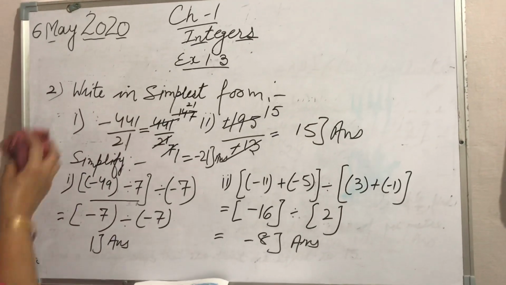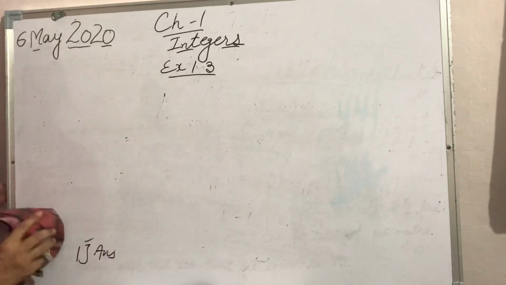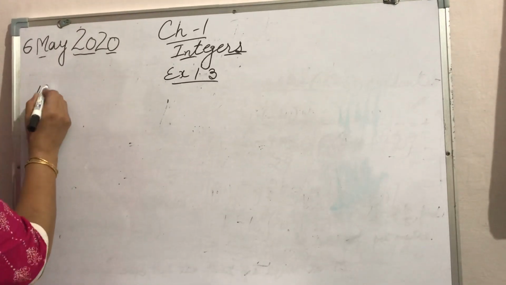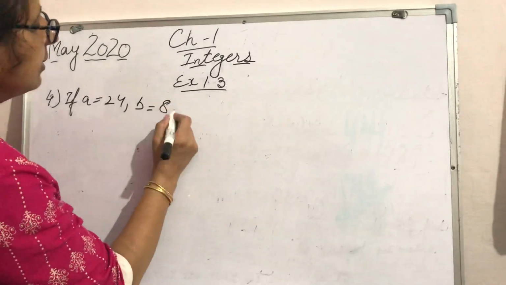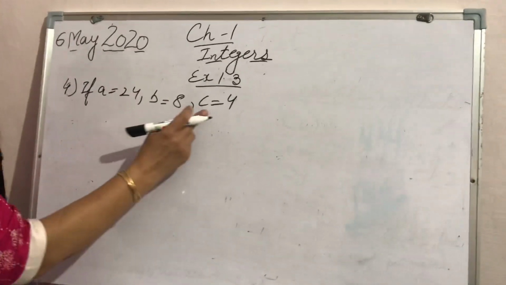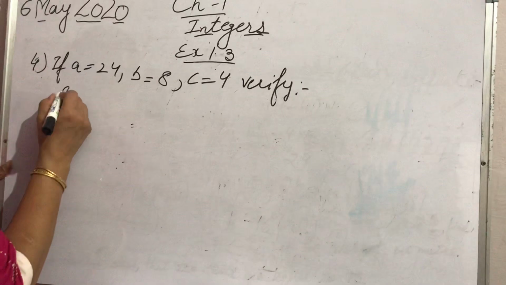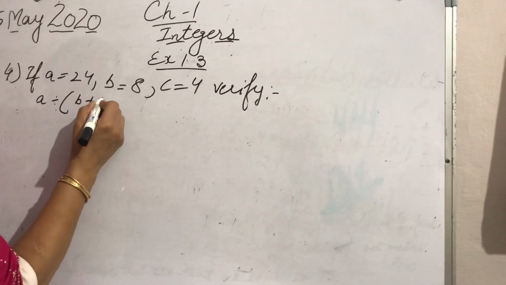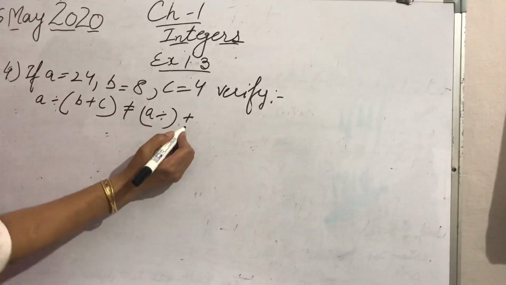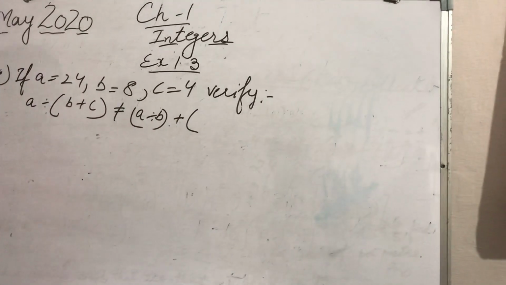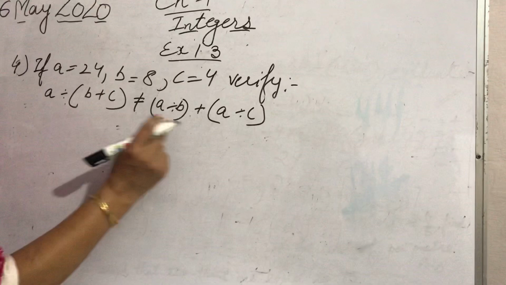Now we are going to start fourth question. Fourth part, if A is equal to 24, B 8 and C 4, value of A, B and C is given, and we have to verify that A divided by B plus C, is not equal to A divided by B plus A divided by C. So check this equation carefully.